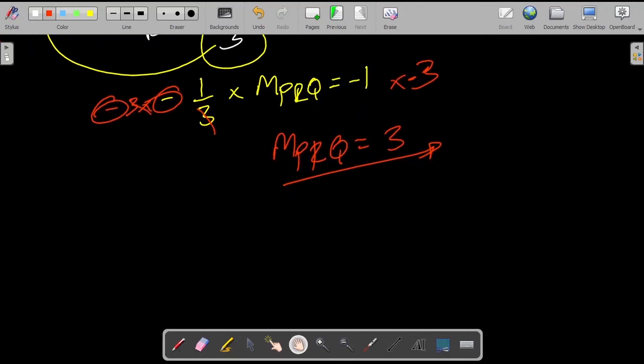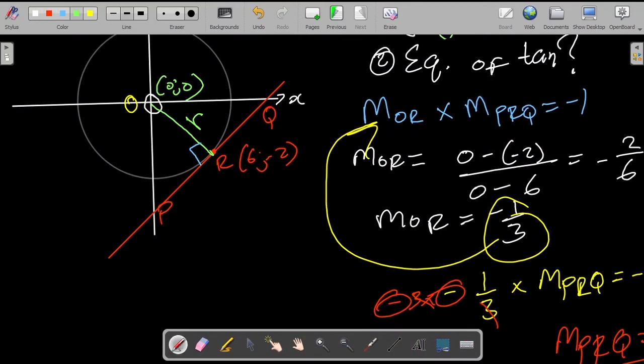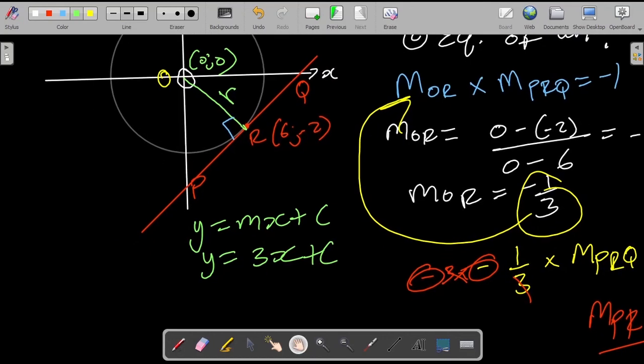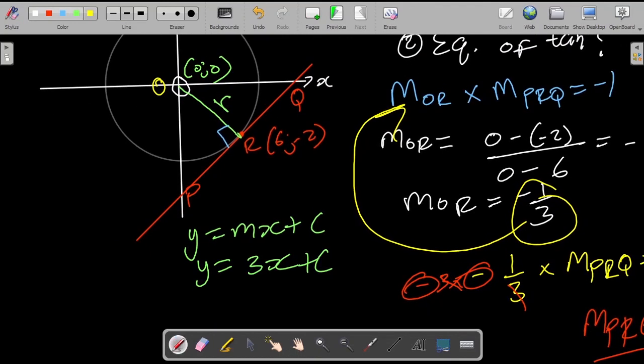So we now have the gradient of the tangent, and the tangent is a straight line, so we use the standard form of a straight line, and the gradient we found to be 3. We can substitute that gradient into this formula, and the rest we can find by substituting any point on the line. We only have 1 point at our disposal, so we use that point.